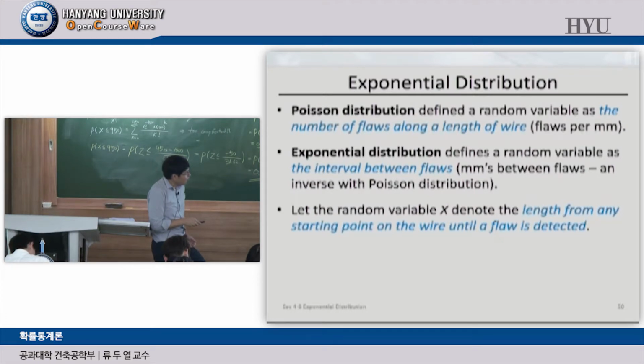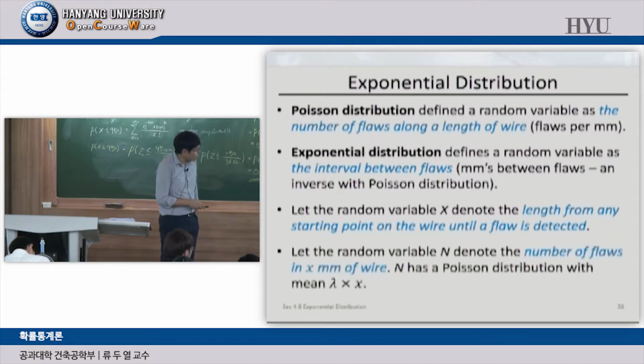So let the random variable X denote the length from any starting point on the wire until the first flaw is detected. And let the random variable N denote the number of flaws in x millimeters of wire. N has a Poisson distribution with mean lambda multiplied by x, right?